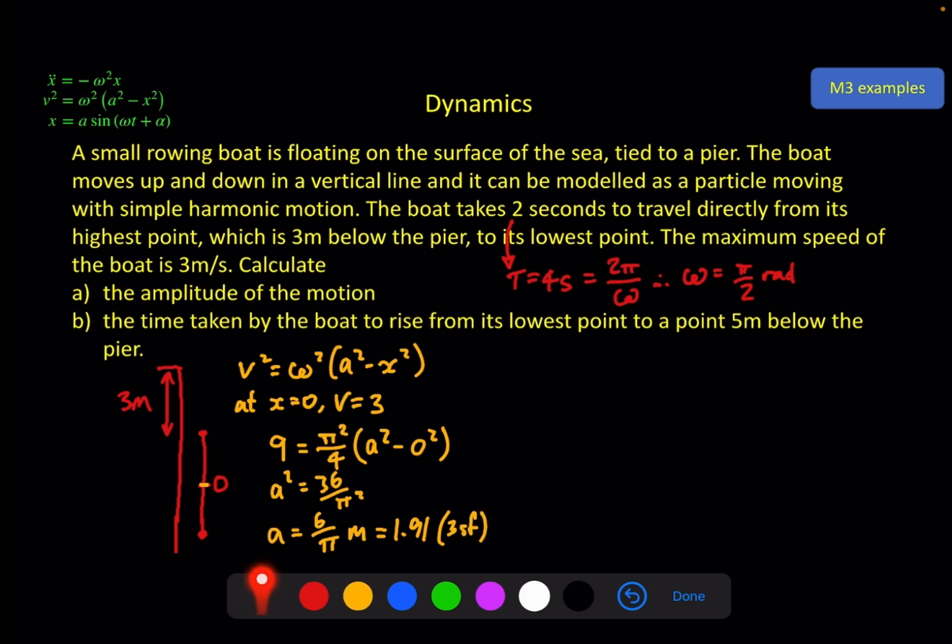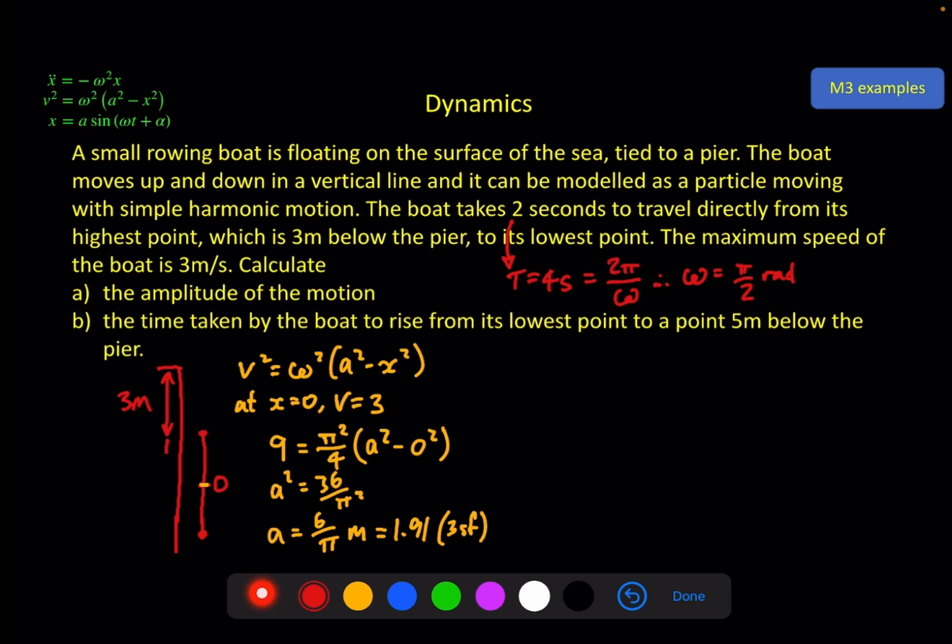Part B. Calculate the time taken by the boat to rise from its lowest point to a point 5 meters below the pier. Now, that's actually quite awkward, because we've got 3 meters below the pier here. 5 meters means another 2 meters, which is just a little bit more than the amplitude.